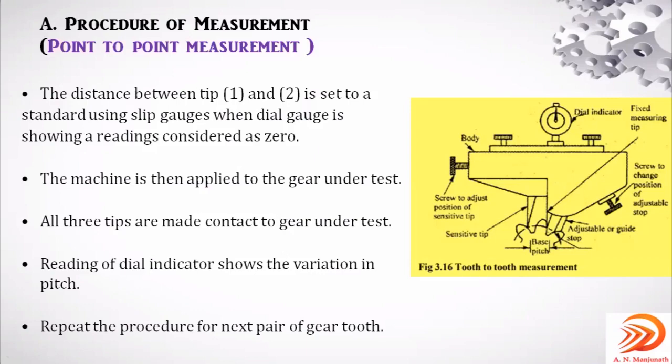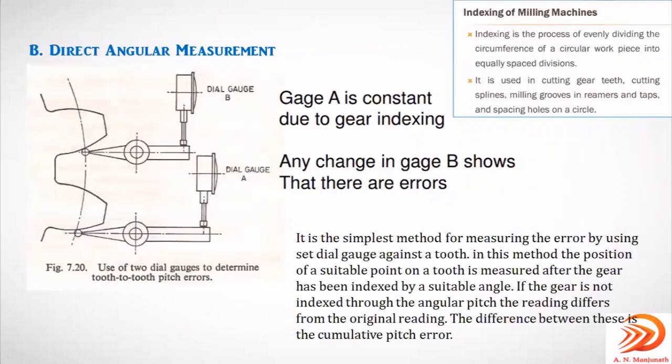The second way of measuring the pitch of the given gear blank is direct angular measurement. As the name implies, it is direct. Directly from the dial gauge, they will take the value, right? Basically it is based on the indexing.